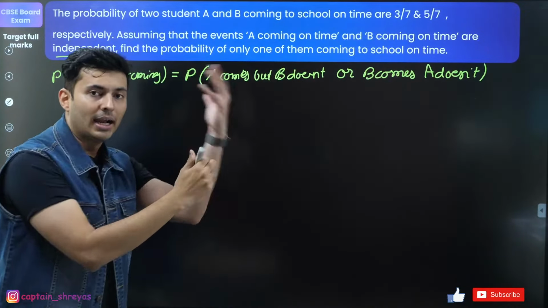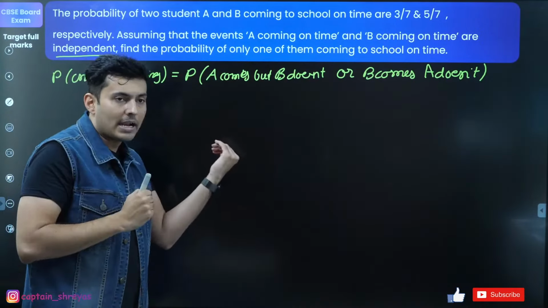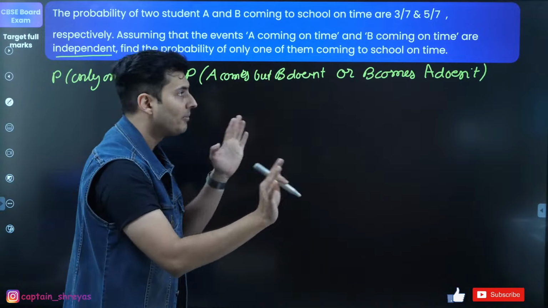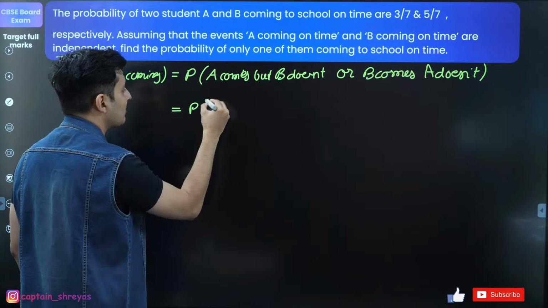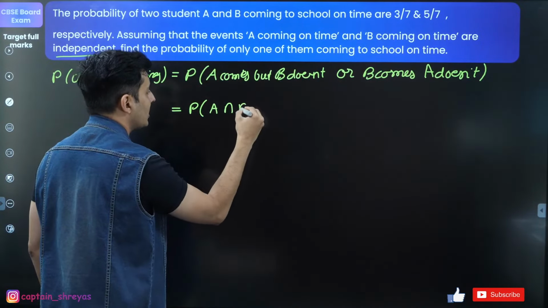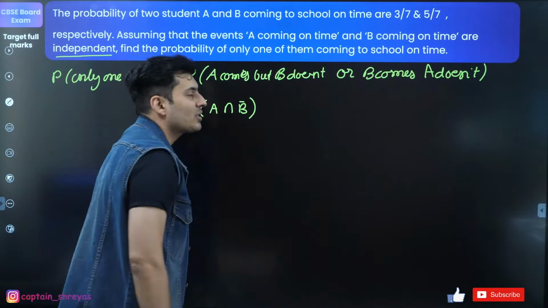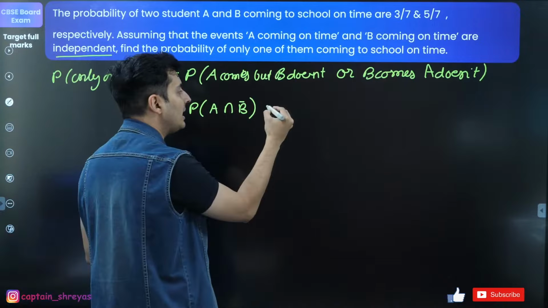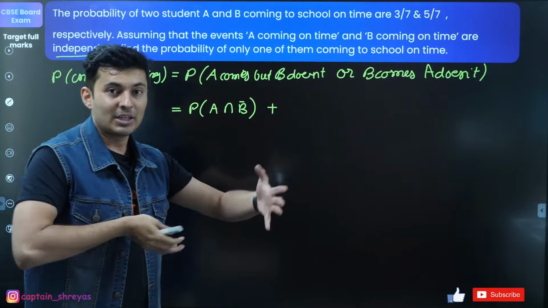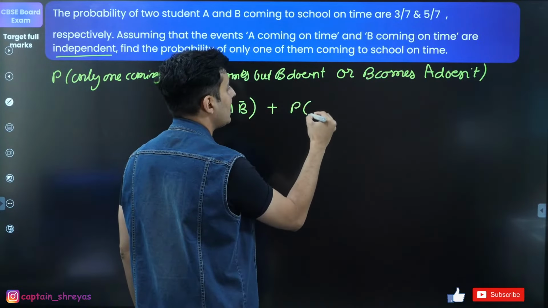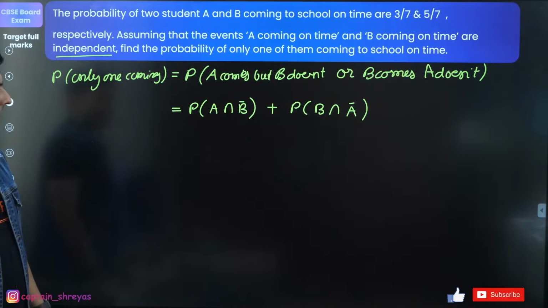In plain simple English: if A comes, B should not come. If B comes, A should not come. And either of these events should happen because there is an or. So that means it is P of A intersection B bar, B not happening, or, that means I should put plus, not multiplication. Why plus? Because they are two separate cases, either this or that. It's not and, understand? So plus probability of B intersection A bar. Yes or no? Great. Now what next?